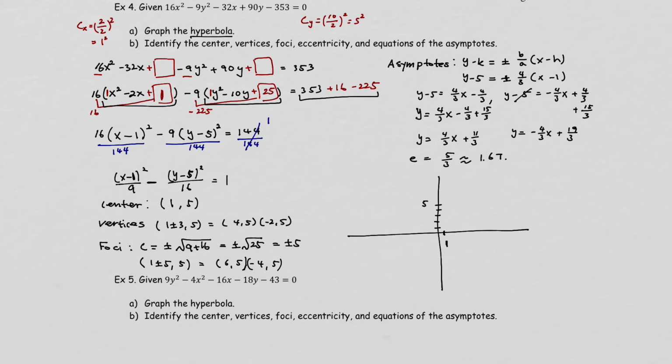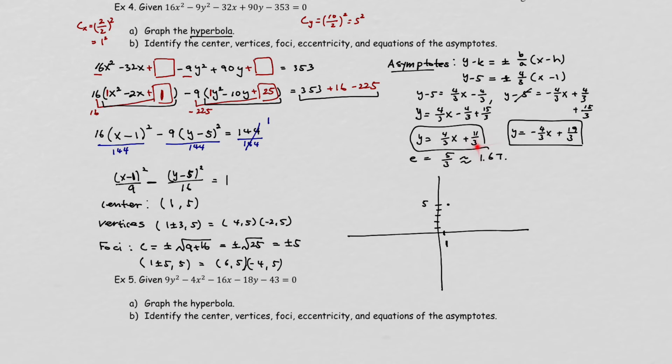Then we're going to graph it, and your center is 1 and 5. From there, you want to draw the asymptotes first. So this is going to be the first asymptote, and this is the second asymptote. And I showed you from the other problems, find the y-intercept and use slopes to find the second point, right?